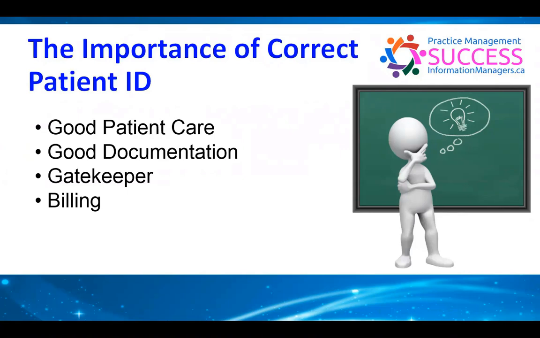When we have the correct patient ID at the healthcare provider, the family physician or GP, we are providing a gatekeeper service for those patients. So in order for them to have further access to healthcare services from other specialists, from other facilities, the GP is generally the person that starts that process. So it becomes really important that we get the correct patient identification at the time when they present to our healthcare practice.